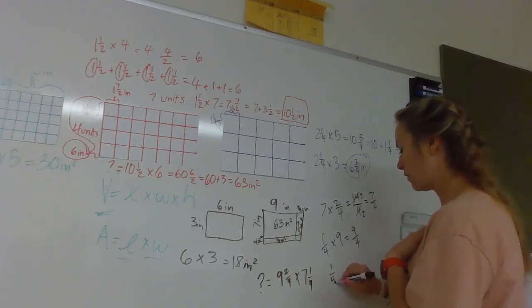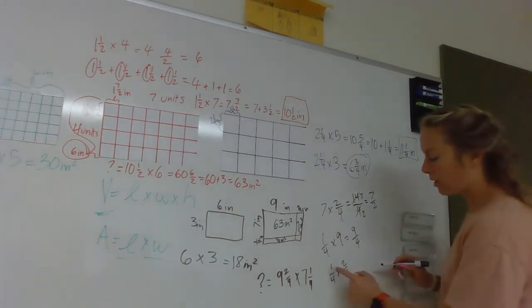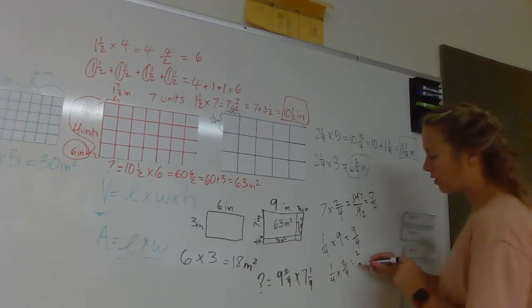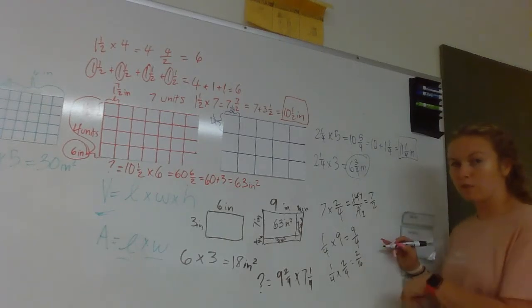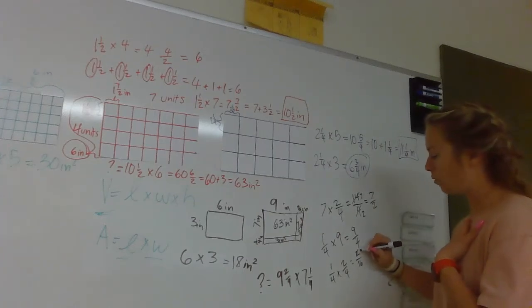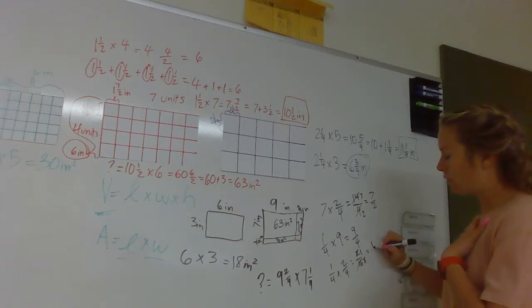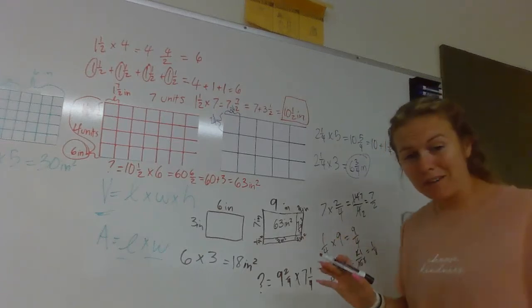That one we just cross. 1 times 2 equals 2. 4 times 4 equals 16. Now we know that 2 is divisible by 2, and 16 is divisible by 2, so 2 divided by 2 is 1, and 16 divided by 2 is 8. So that equals 1/8 inches squared.